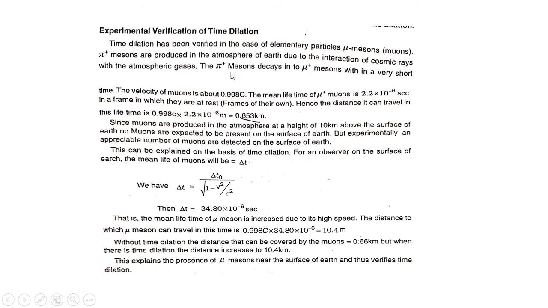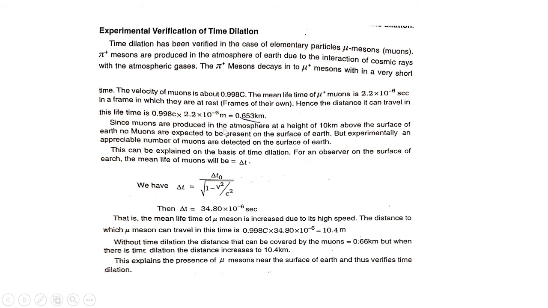Pi plus mesons decay to mu plus muons, which have a very short lifetime of 2.2 times 10 raised to minus 6 second in the frame in which they are at rest. Hence the distance they can travel in that lifetime at 0.998 c is 0.653 kilometer.